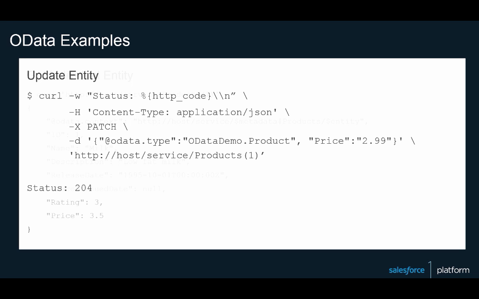We can update over the protocol. And again, it's a pretty developer-friendly RESTful API, because I can just update via curl. I can just send some JSON identifying what it is I want to update and post that price change into the milk entity in the products table.